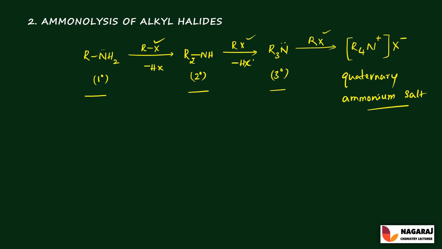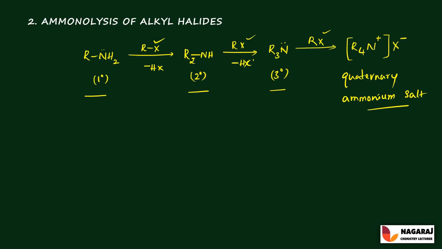This quaternary ammonium salt is formed by the excess of alkyl halides. However, the primary amine is obtained as a major product by taking a large excess of ammonia.